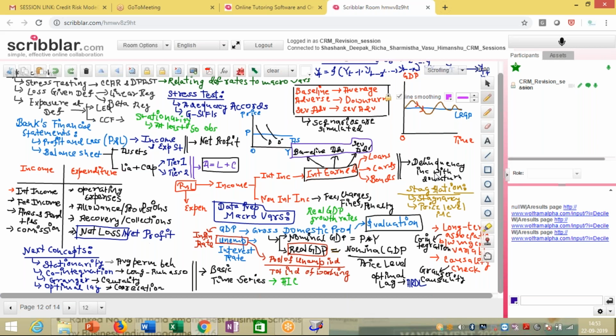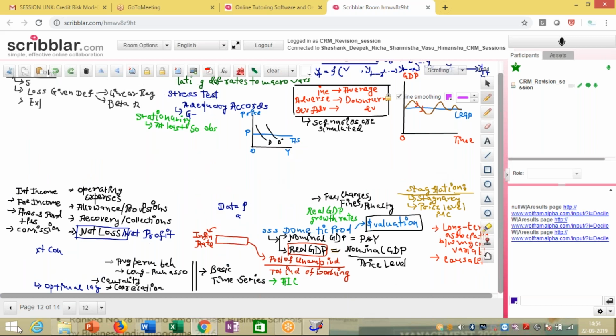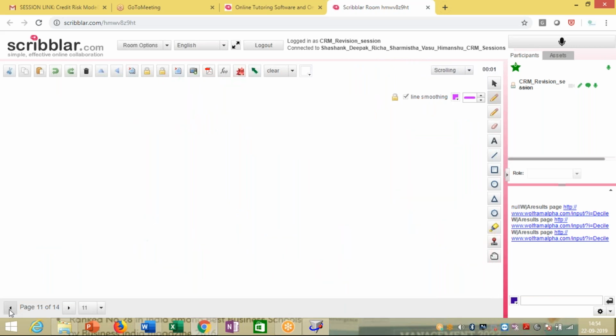But when we try to do that, what is the thing that we need to ensure? That the macroeconomic variables that we are developing are properly treated, and to treat them we saw that we need to look into a few important things. What are those? First of them is stationarity. We need to ensure that the variable values which are going in are the fundamental values, so they are the long run average values.